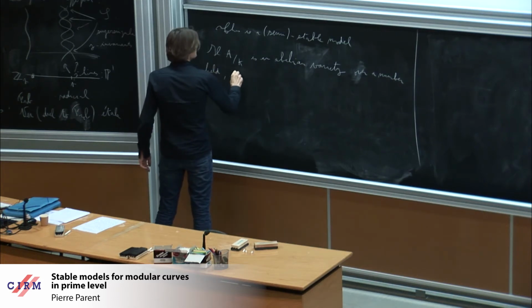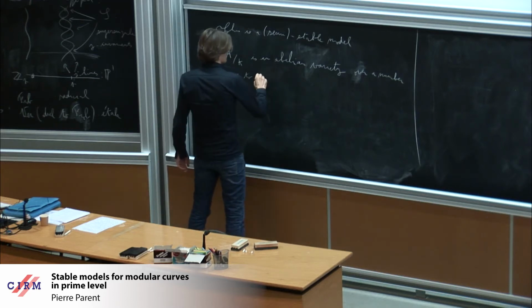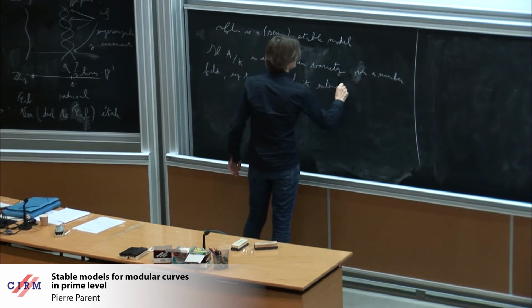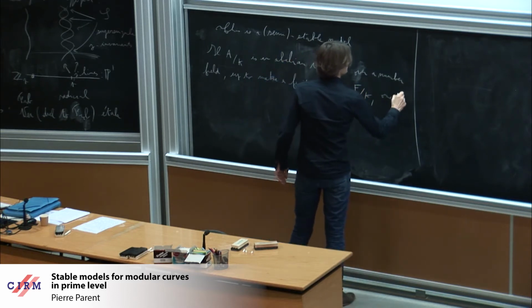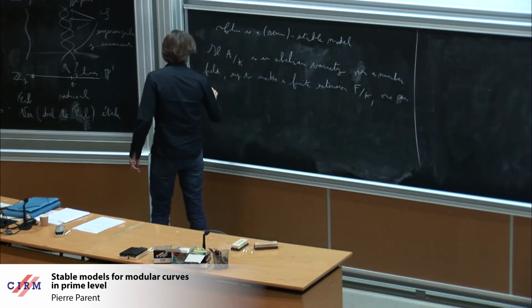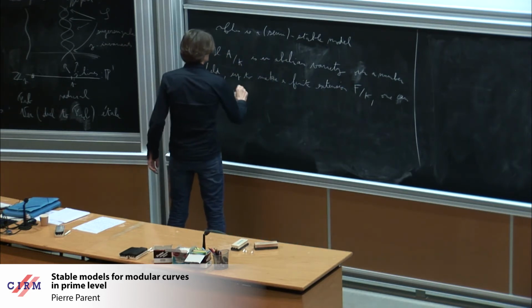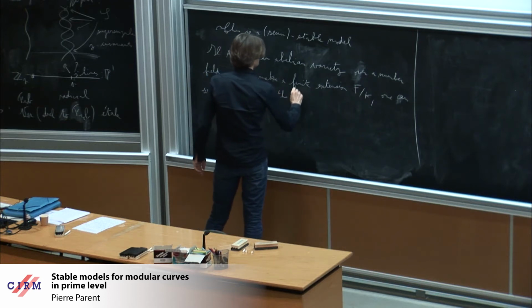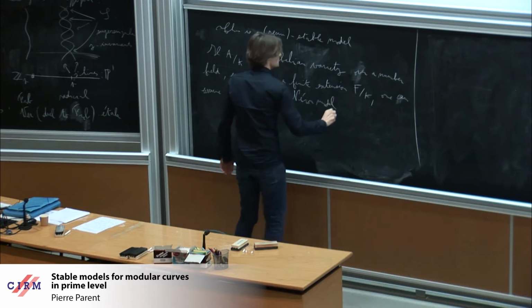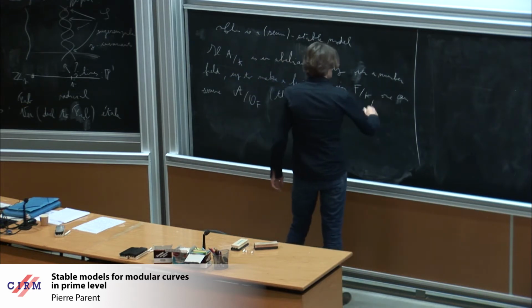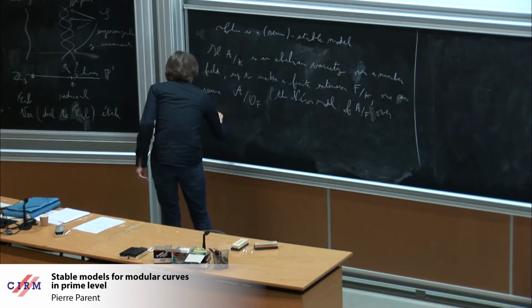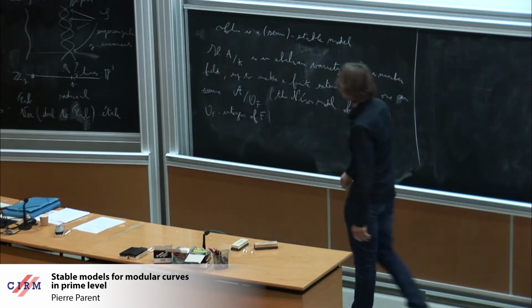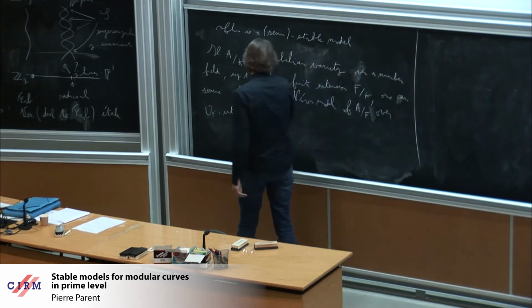So up to making a finite extension of K, one can assume that the Néron model of A over the integers O_F of F, this a priori semi-abelian scheme, is semi-abelian.